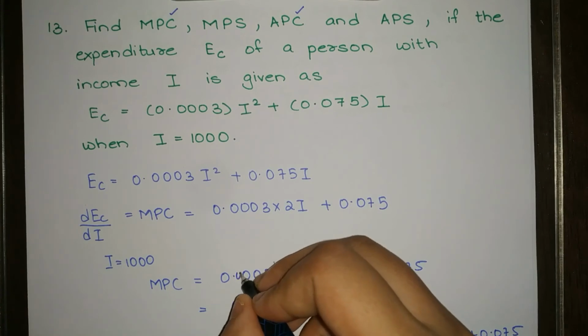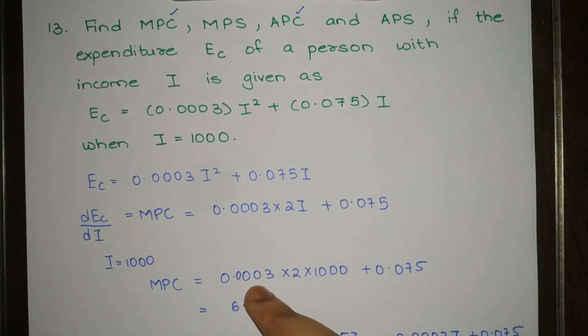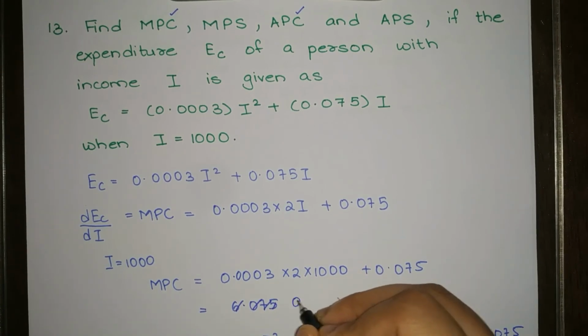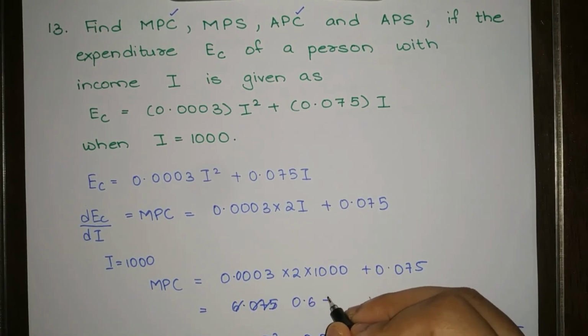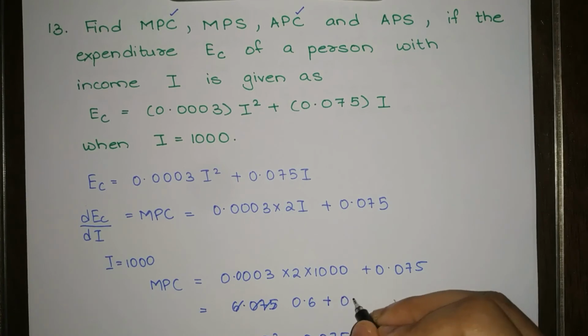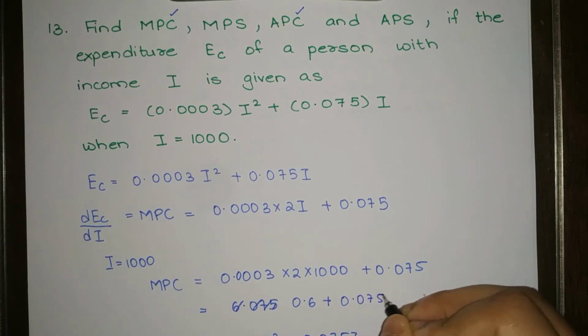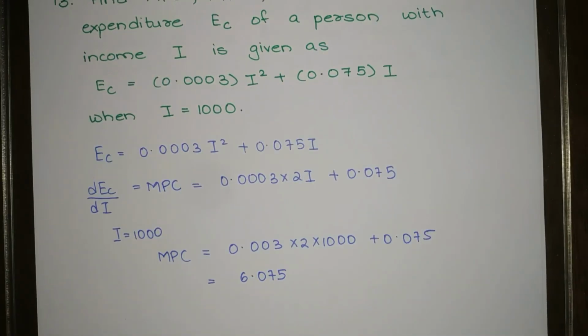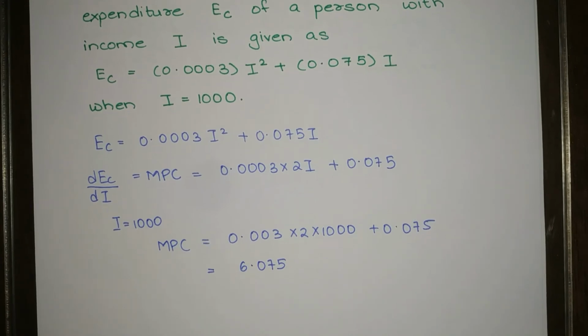So I made a mistake over here. This should have been 0.0003, so this would actually be 0.6 plus 0.075, so that will be 0.675.